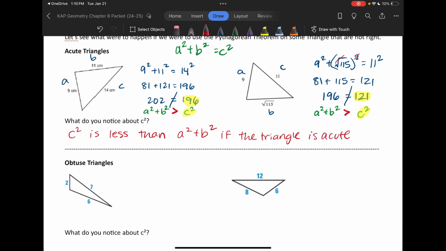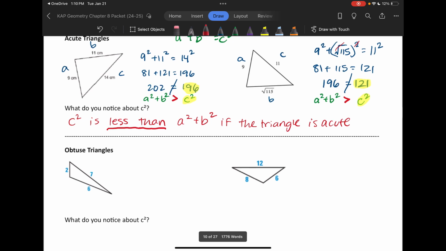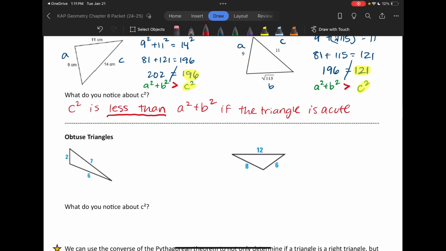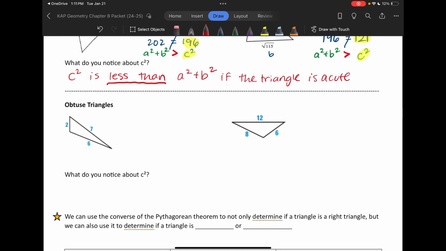So we looked at acute triangles, and we're saying that c squared is less than a squared plus b squared. Well, if you were to take a guess for obtuse, if acute is having c squared less than, then obtuse could potentially mean that it's greater than. And we'll take a look and hopefully come to that realization by looking at these examples below.